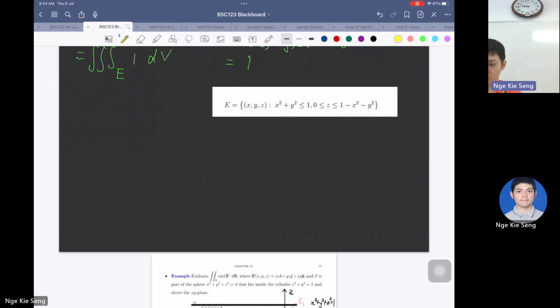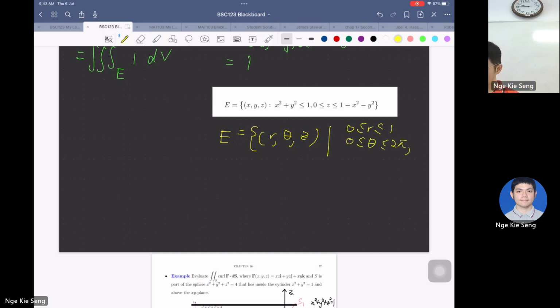If we make it into cylindrical coordinates, is it clearer or not? The radius is 0 to 1. The angle is 0 to 2 pi.